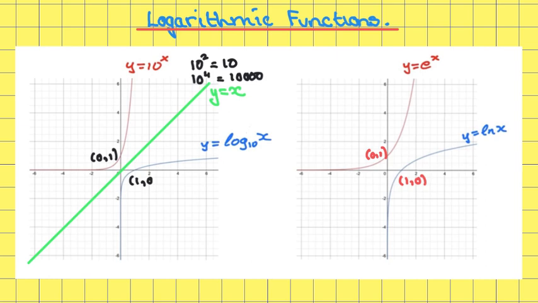Similarly, with the log graph, remember you could rewrite this as y equals log e of x, and you could change that to an exponential, so you would get e to the y equals x. So there is no y value that could be negative that could give you an x value. So there is a vertical asymptote at the point x equals 0.